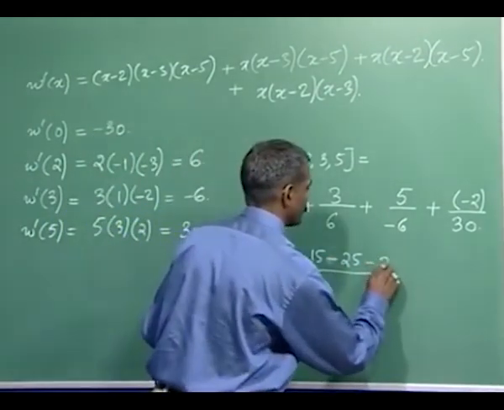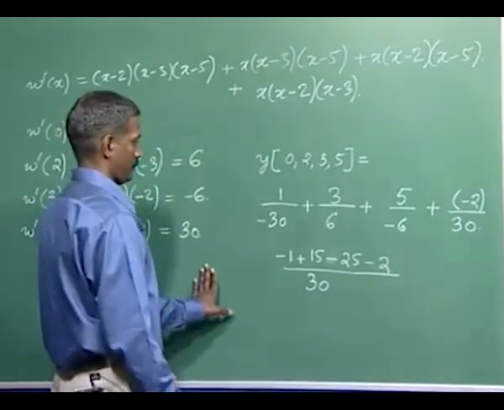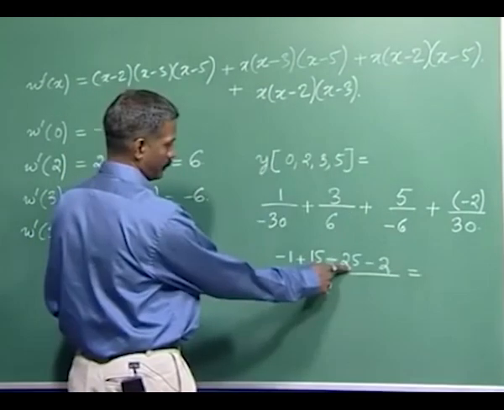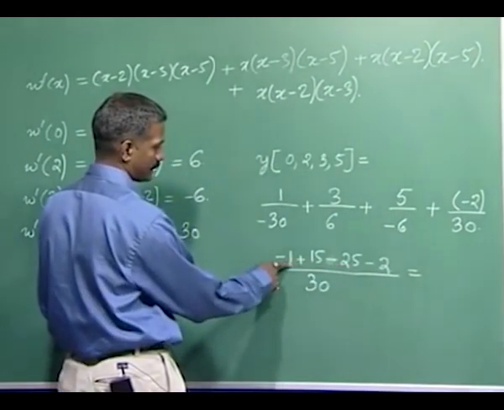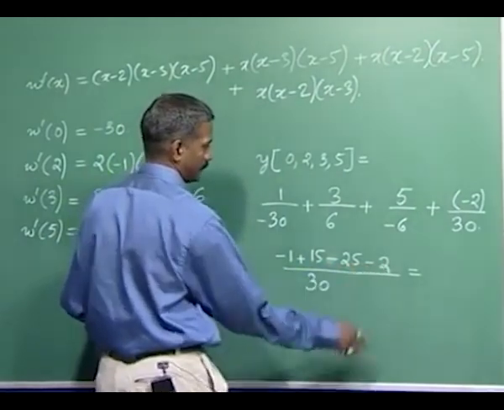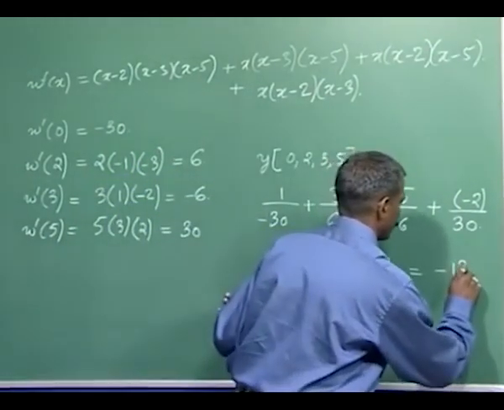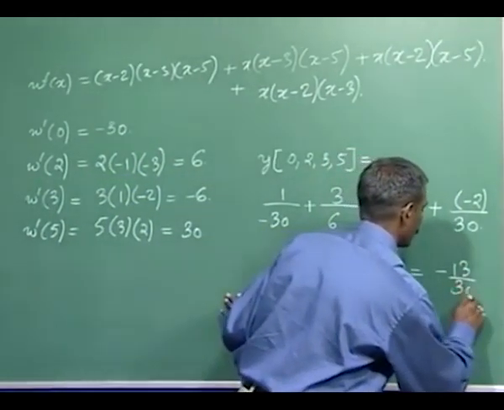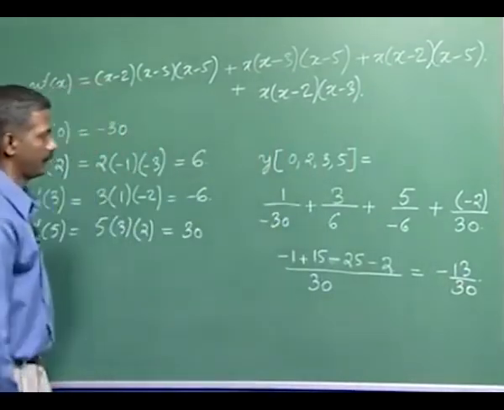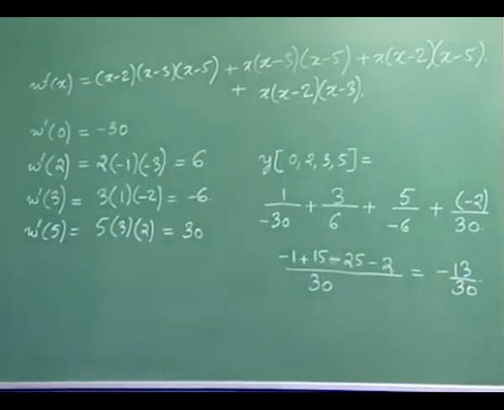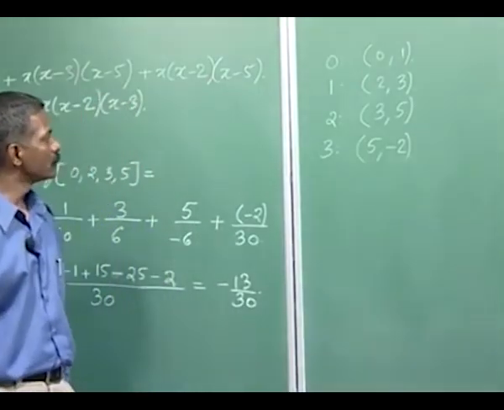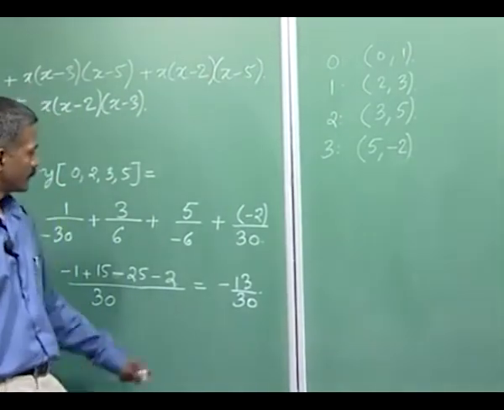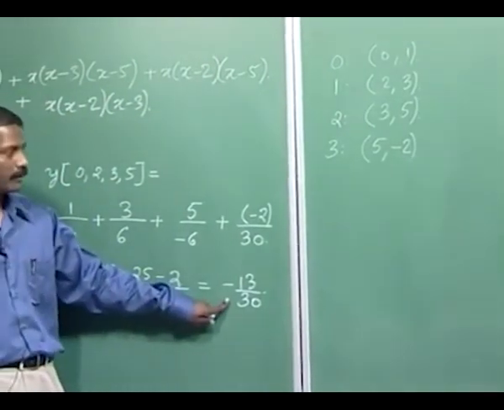Minus 2. This is equal to minus 10, minus 11, minus 13. Minus 13 over 30. Now let me use the tabular form to see if I get to the same number.